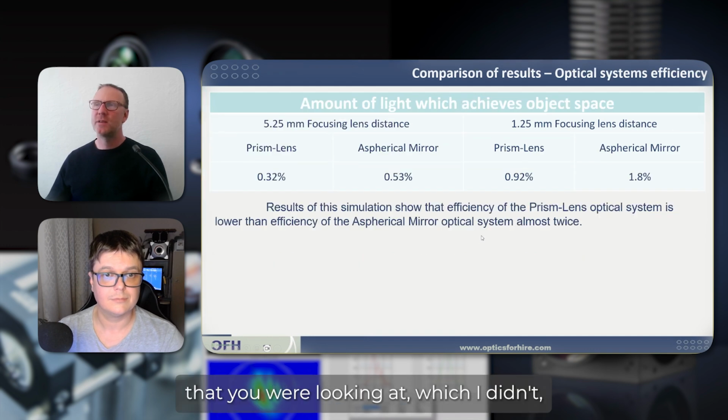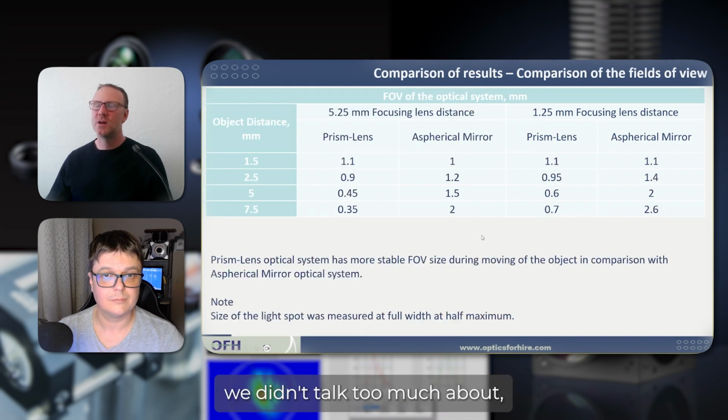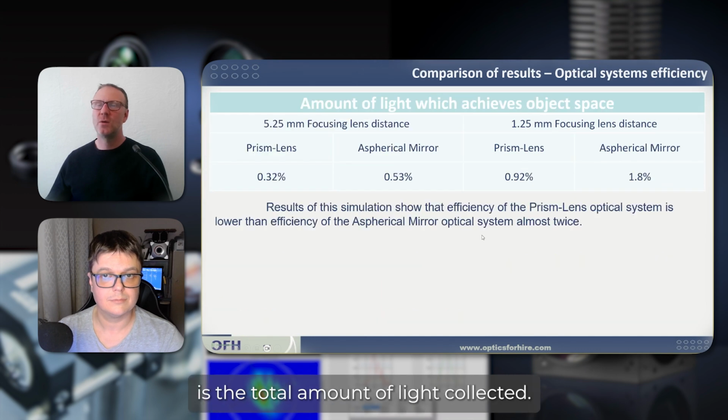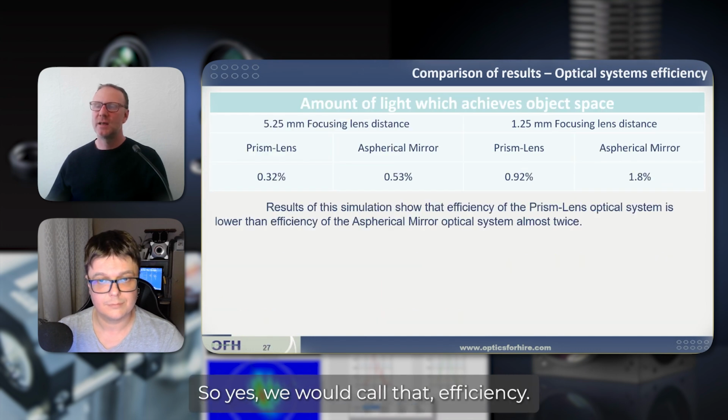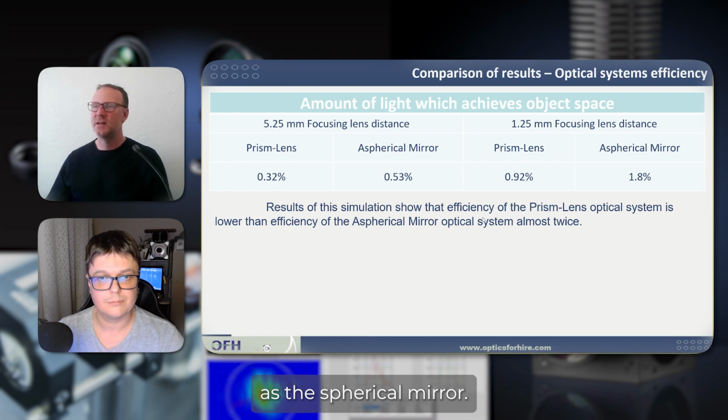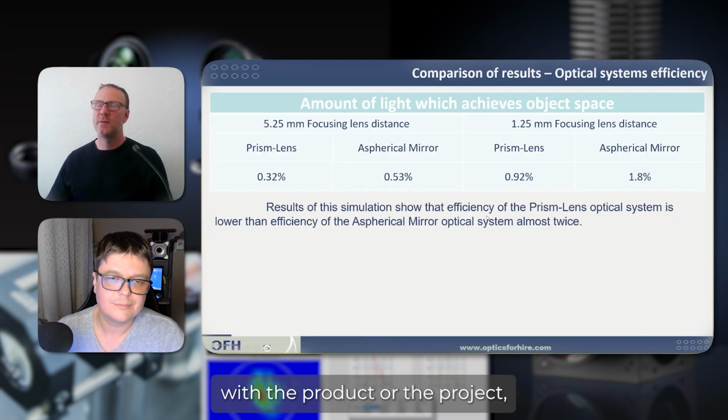Now, the other thing that you were looking at, which we didn't talk too much about, is the total amount of light collected. So I guess we would call that efficiency. And the prism lens is collecting about half as much light as the aspherical mirror from both distances. I don't remember where we went with the project, but based on this report and your simulations, it looks like the aspherical mirror concept was a clear winner.